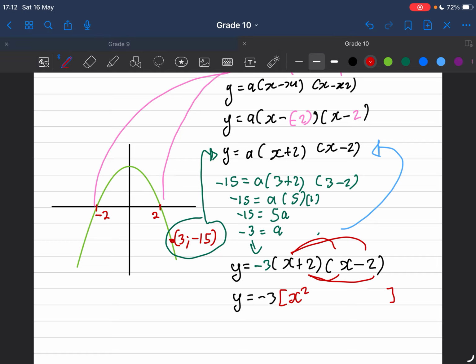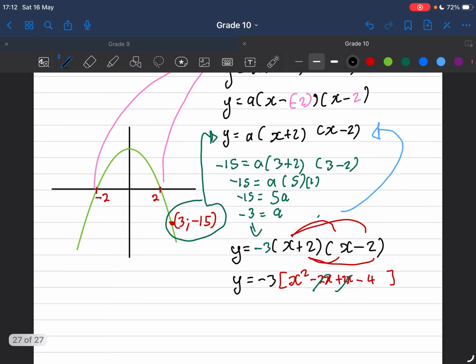And then you should get x squared minus 2x plus 2x minus 4. If you look at plus 2x minus 2x, those like terms will cancel, so you'll be left with x squared minus 4.